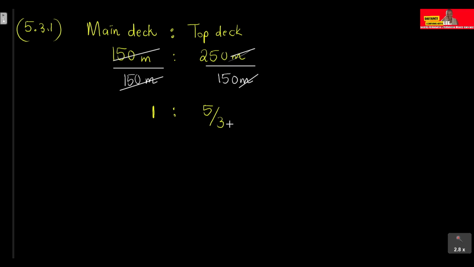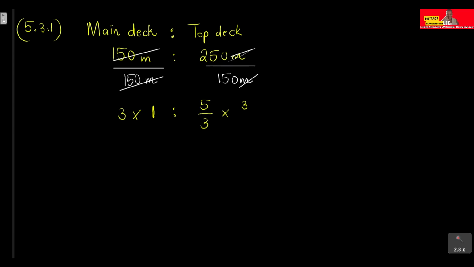However, guys, remember, we want it in simplified form, so we can't leave our ratio like this. 5 over 3, so you can just multiply by that denominator, because we don't want a denominator. We want it in the most simplified form. So you're going to multiply by 3 on the right-hand side, and what you do on the right-hand side, you need to do on the left-hand side.